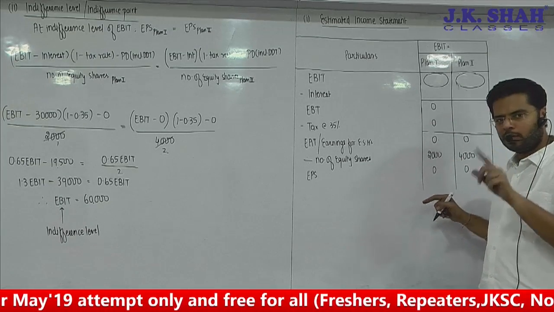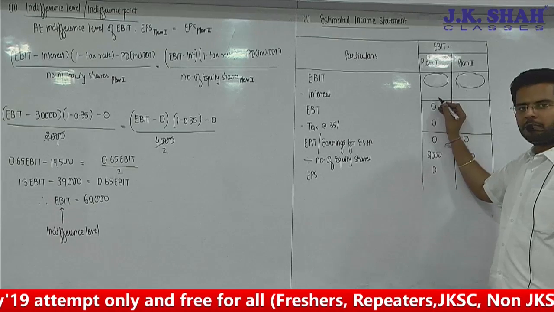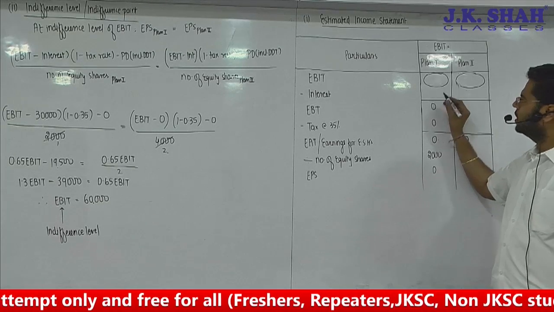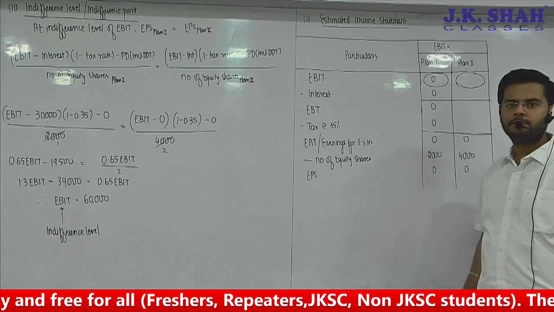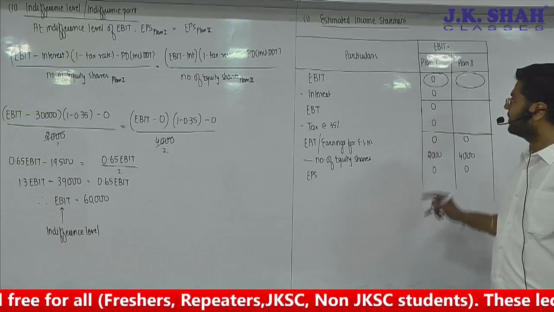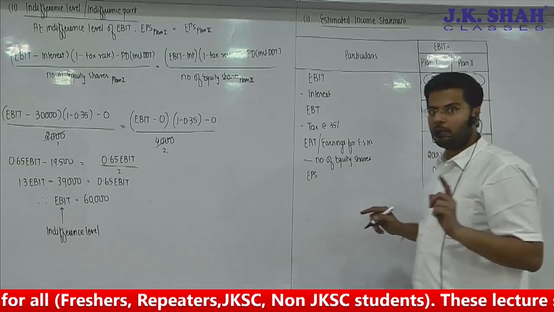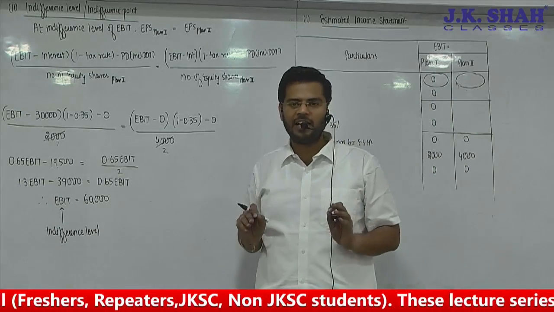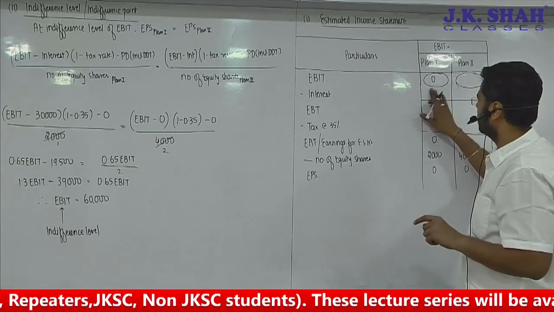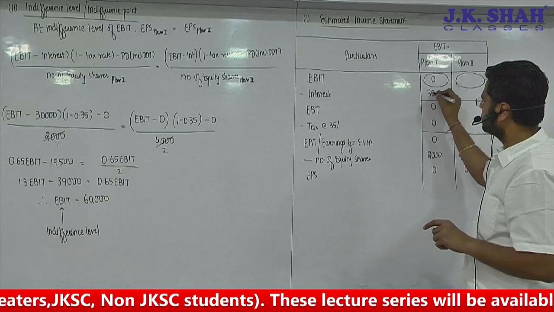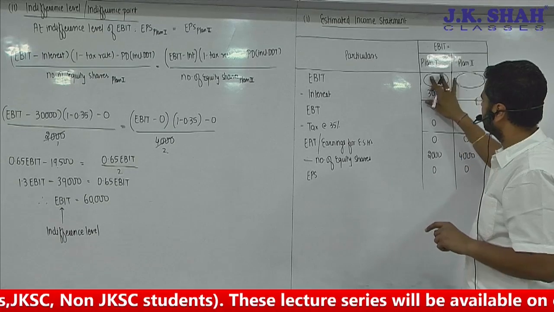In plan 1, any interest commitment? No, sir. So this is any which way 0. That means this is also 0. Which signifies what? If I have selected plan 1, I think in plan 1, if I'm not wrong, we had 30,000 of interest. Correct?